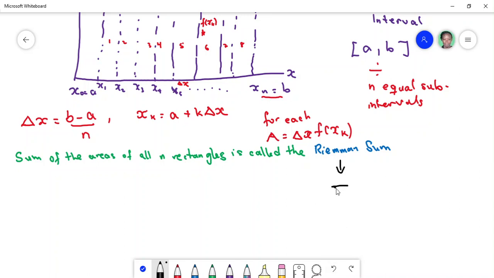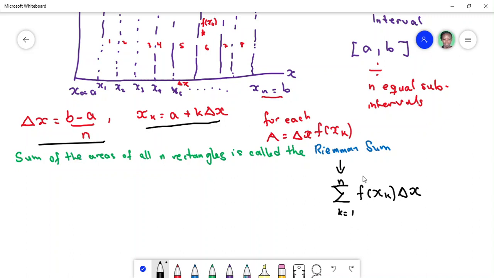So summation k equal to 1 towards n sub-intervals, f of sk times change in x. And now we already know what sk is, and you know what your change in x is.